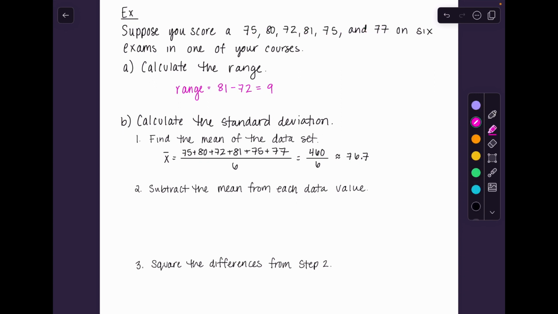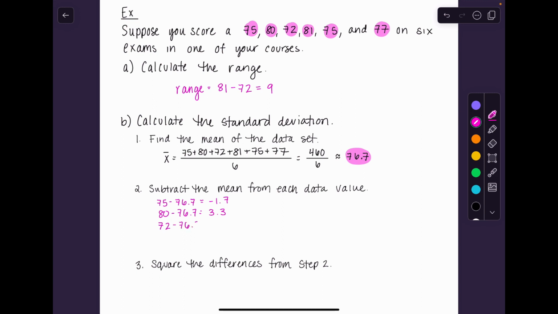So what I want to do now is find the distance from the mean to each and every single one of these data values. So I'm going to subtract the mean from every single value. Our first data value is 75, and I subtract the mean, which is 76.7, and you get negative 1.7. Our second data value is 80, subtract the mean, and this gives us 3.3. Third value is 72.